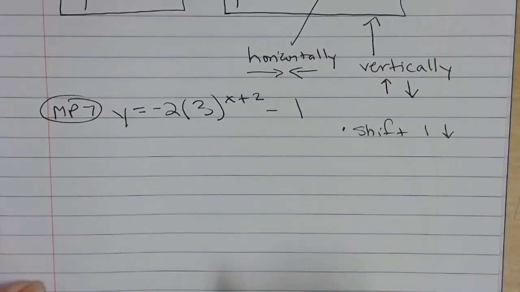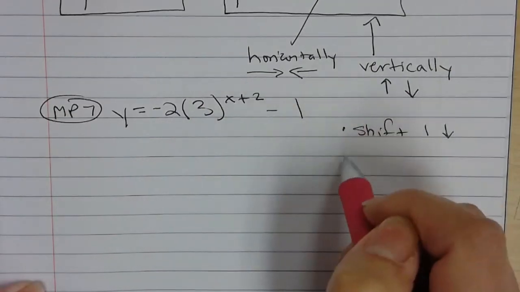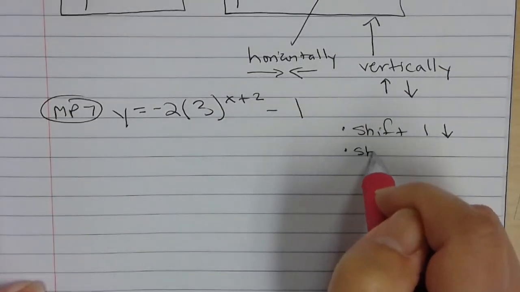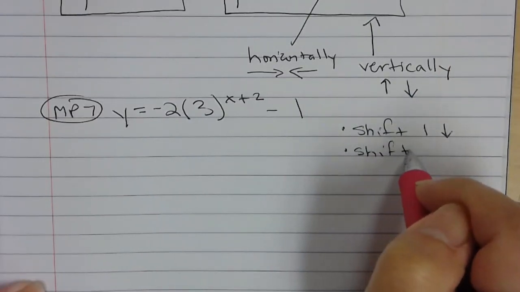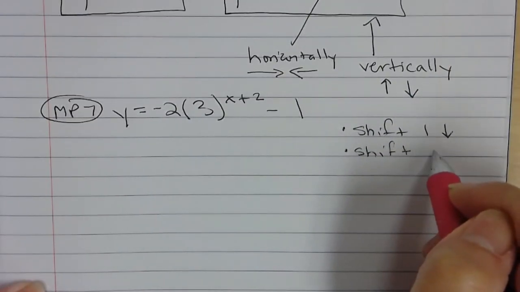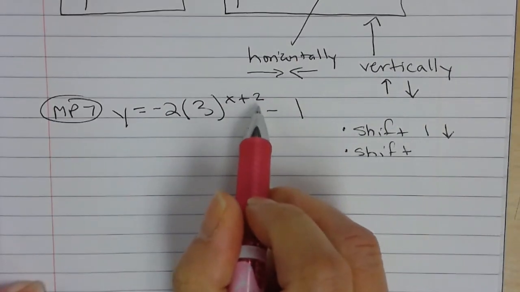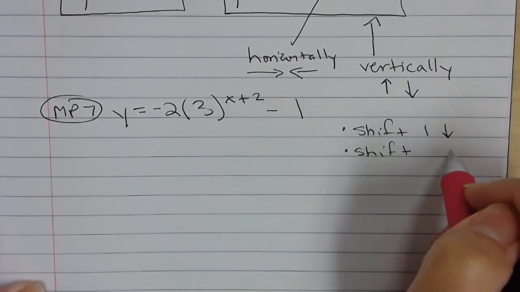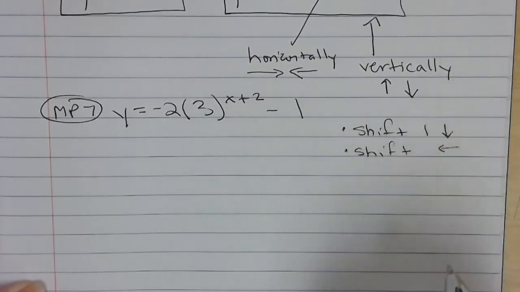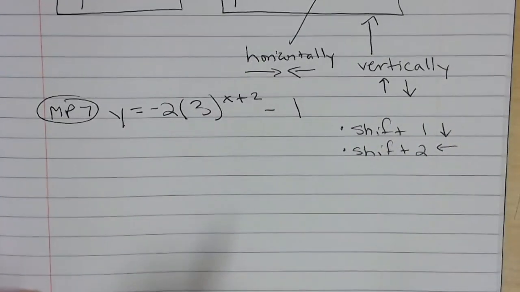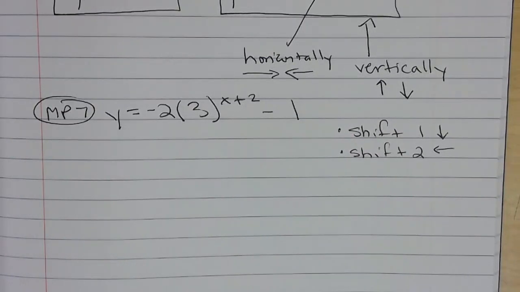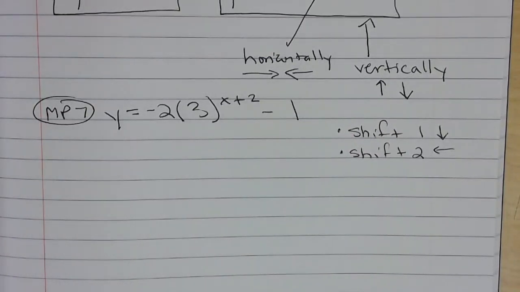And what is h? h is positive 2, but remember it's the opposite. So because of the h, this is going to shift which direction? To the left, because it's the opposite. How many units? 2 units. That's just knowing what the translation is without graphing it.